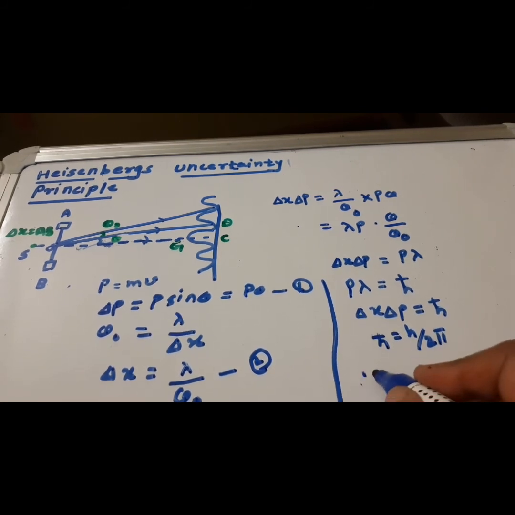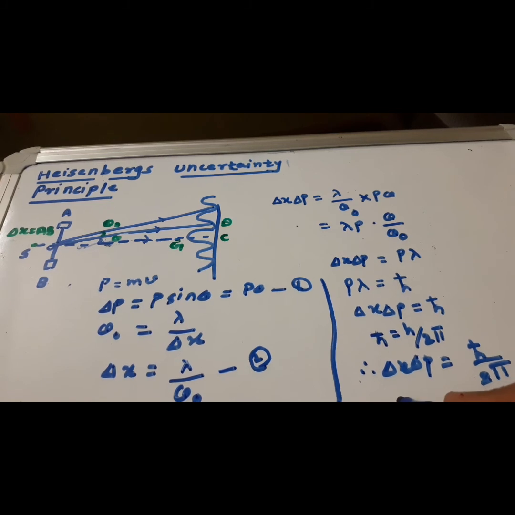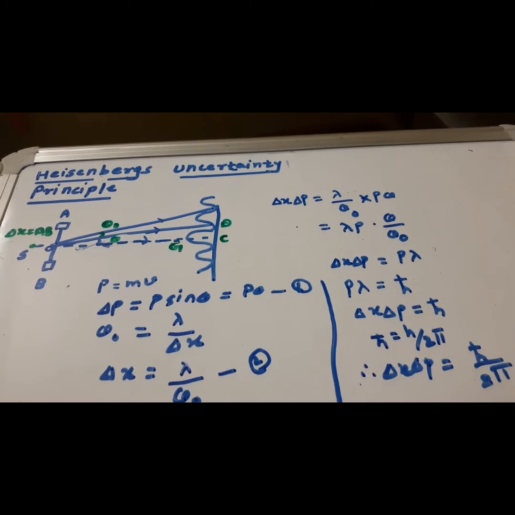Therefore delta x delta p is equal to h cross, which is h upon 2 pi. And therefore delta x delta p we can write in another way.